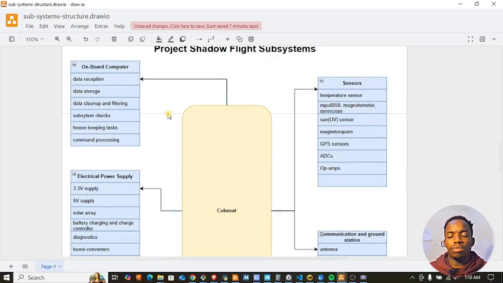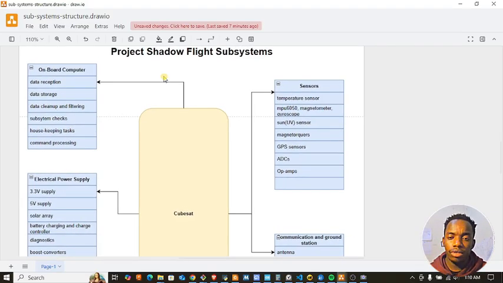I believe I have done about 80% of this design based on the previous videos that I've been doing in terms of the hardware. So this part is majorly done, or rather it's ongoing.